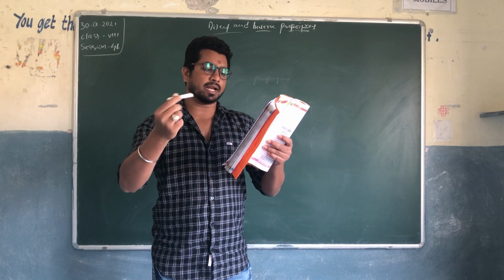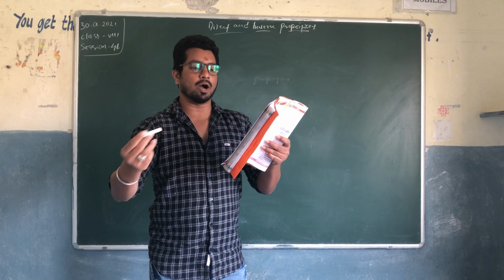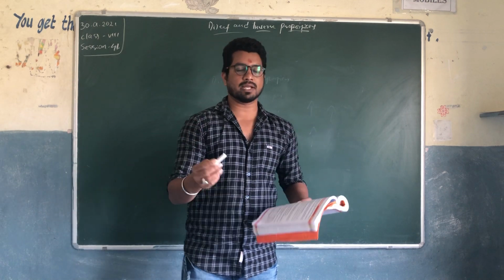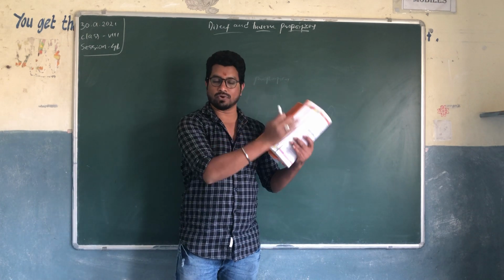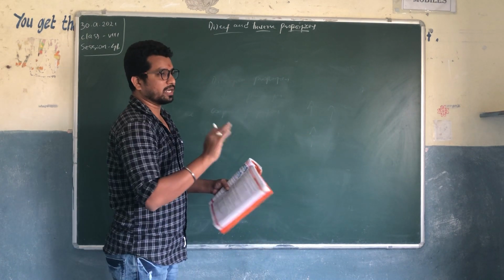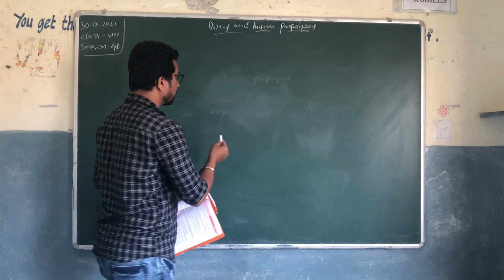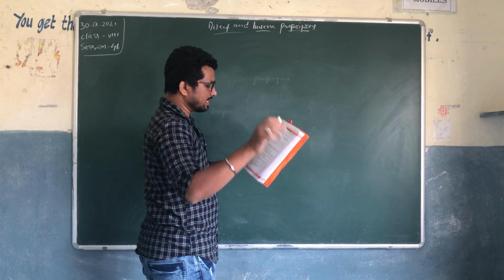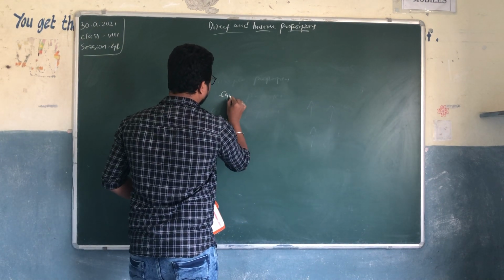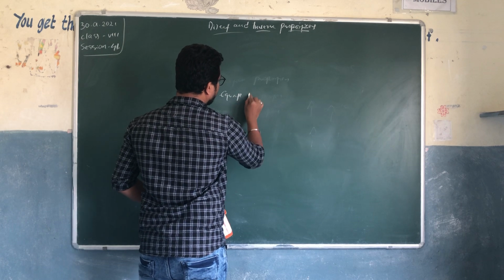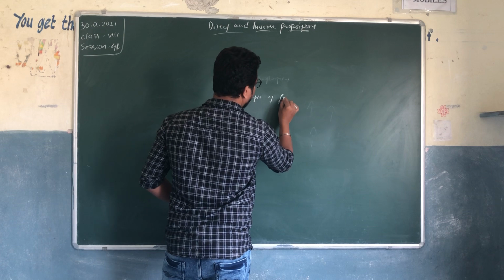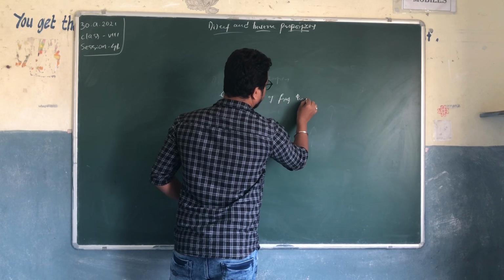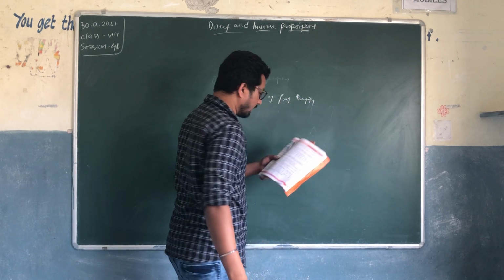Then we equate the ratio of the first quantity to the compound ratio of the other two quantities. This line is important: equating the ratio of the first quantity.